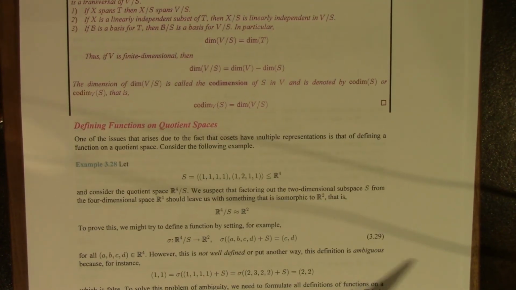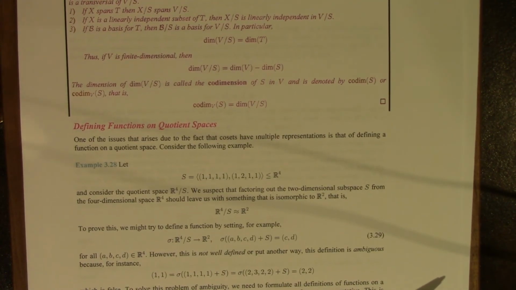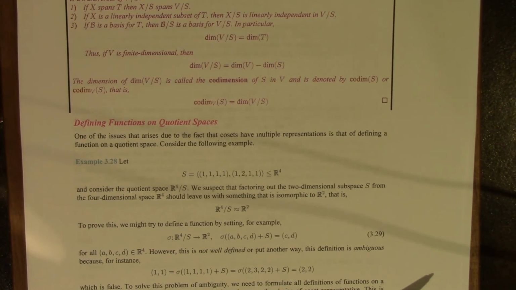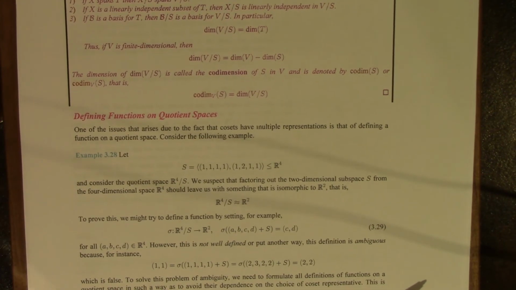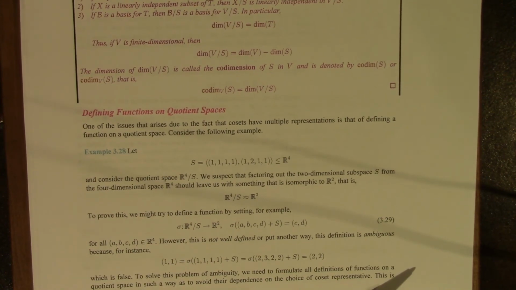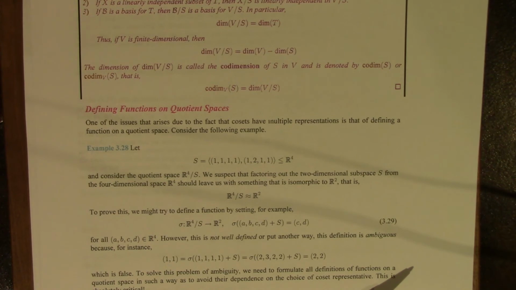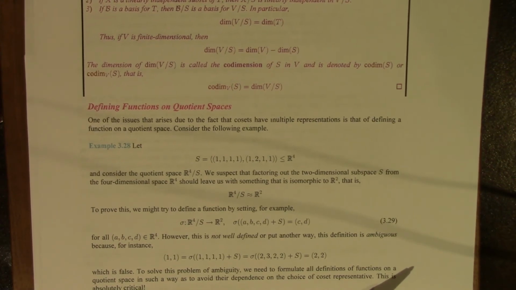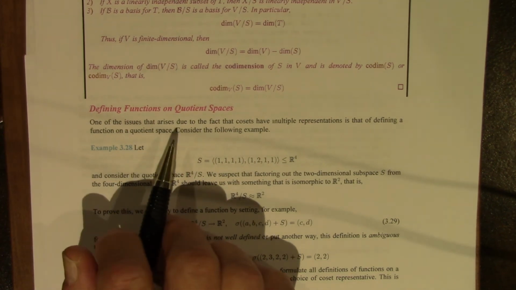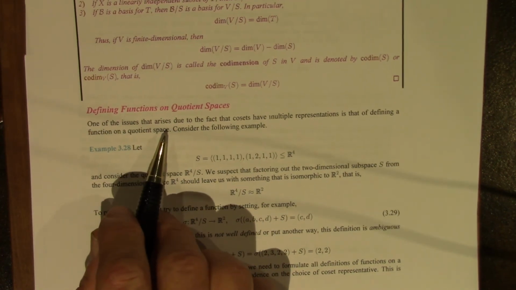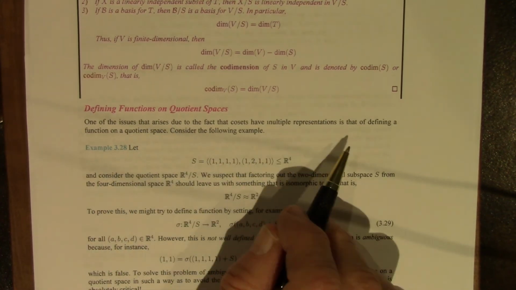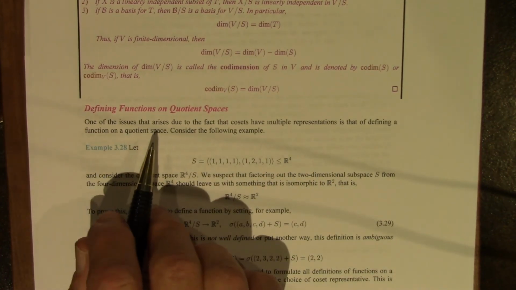Now, as I mentioned earlier, the fact that coset representatives are not unique, that any vector in a coset represents the coset, does have some baggage associated with it that one needs to be careful about. In particular, it does complicate the issue of defining a function on a quotient space.